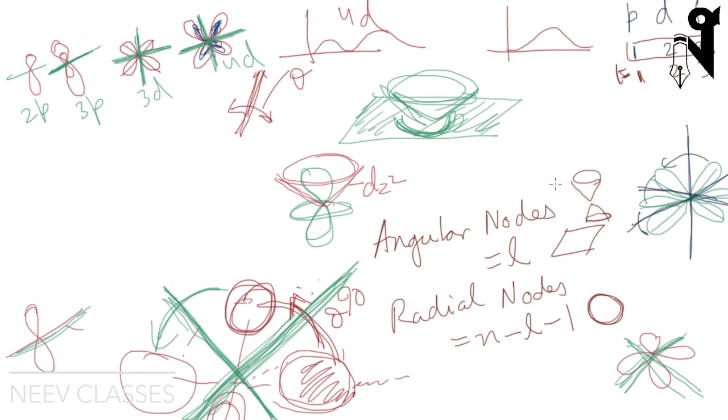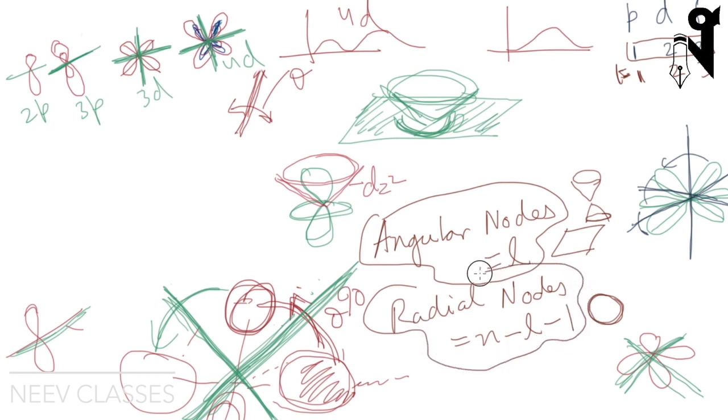So in F also the z cube will have a conical nodal plane. I'll show you if it is there in the diagrams. So angular node is equal to L, radial node is equal to n minus L minus 1.